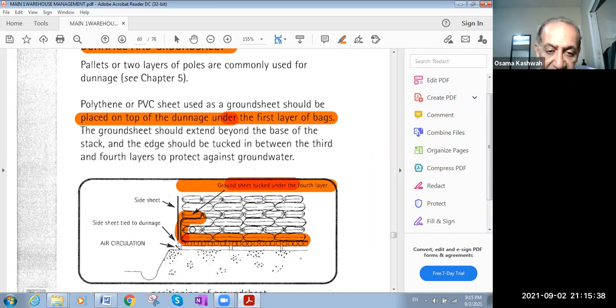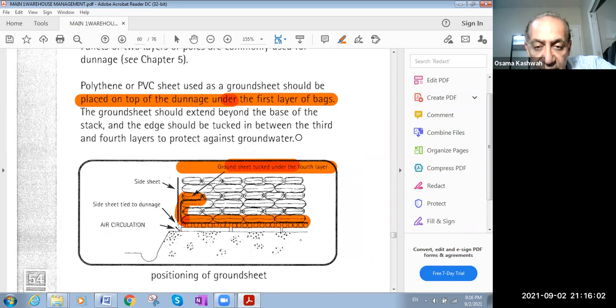This is the first layer, second layer, third layer, fourth layer. So you'll put it within the fourth layer itself. That's also for making sure no water will get stuck and to protect the bags from the water anyway.